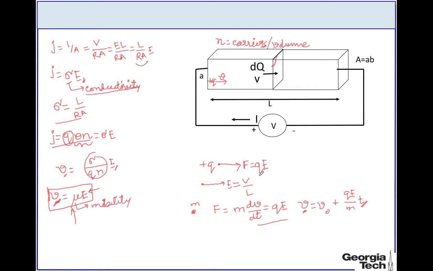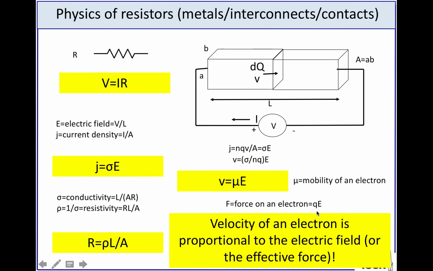But on the other hand, using Newton's laws of mechanics, you see that the velocity of the electron should have increased. So how do we resolve this apparent paradox? So this is what we have written here.